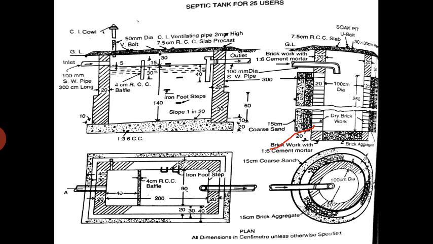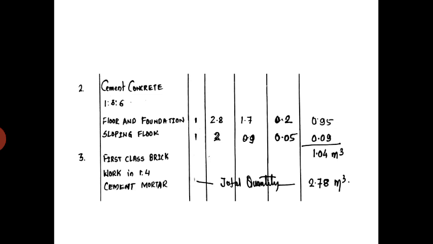Then 0.9 is the inside breadth they have given. Then the height we have already calculated is 0.05. If you calculate the total volume of the cement concrete, it is 0.95 plus 0.09, that is 1.04 meter cube.